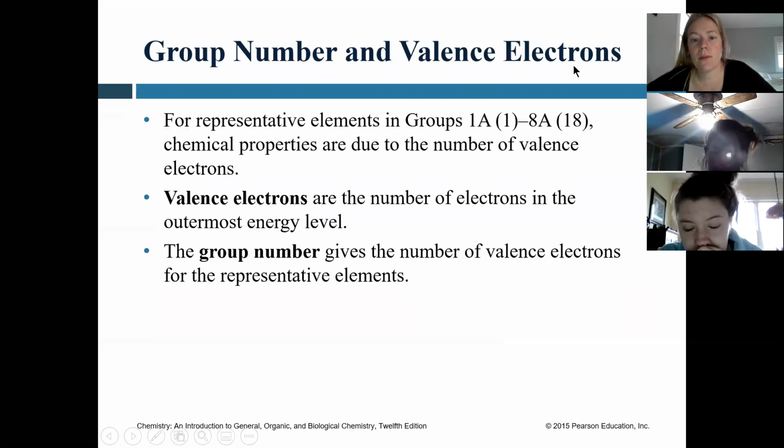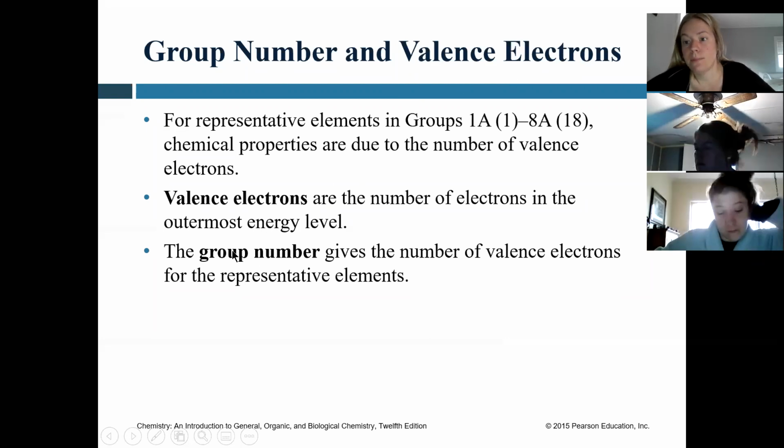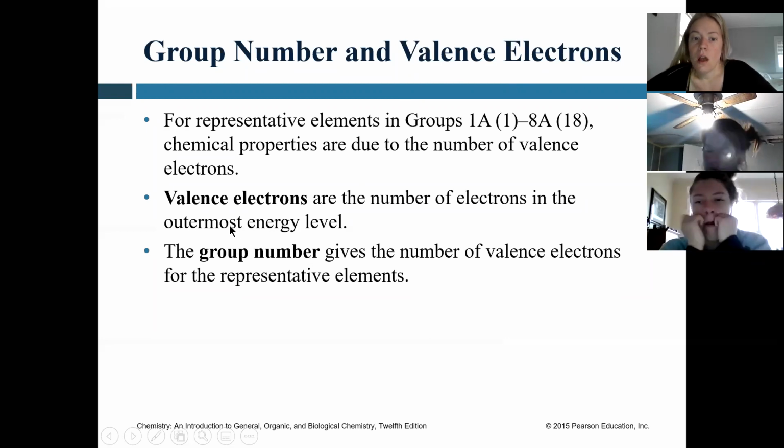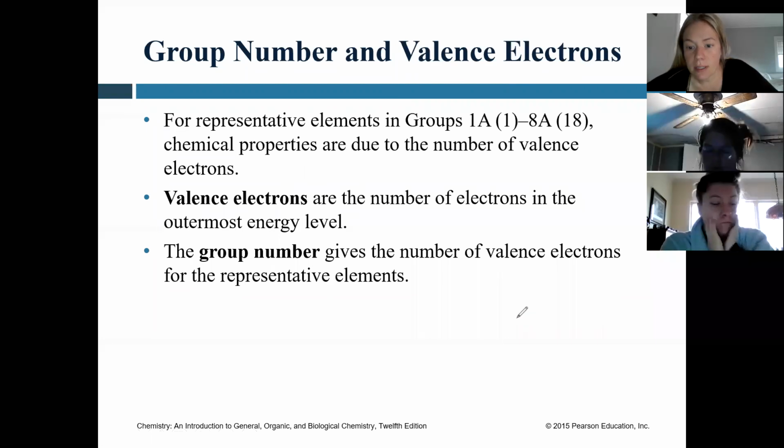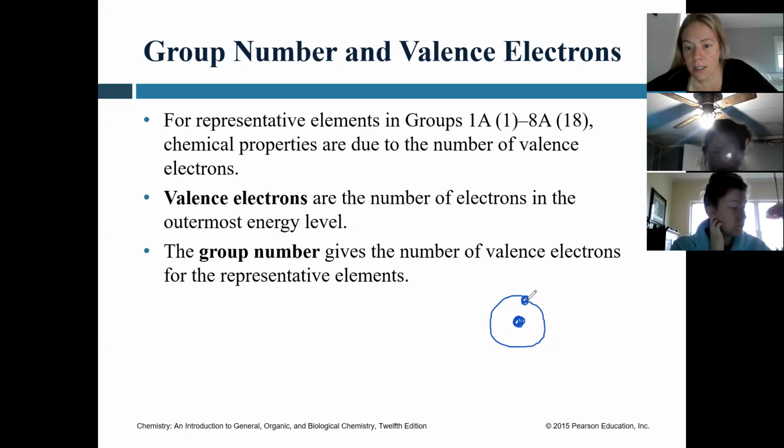So let's first talk about what a valence electron is. A valence electron is the number of electrons that are in the outermost energy level. Why is that important? Well, think about your onion. So if I've got my nucleus in the center here, here's my first onion layer. There's an electron here and an electron here.